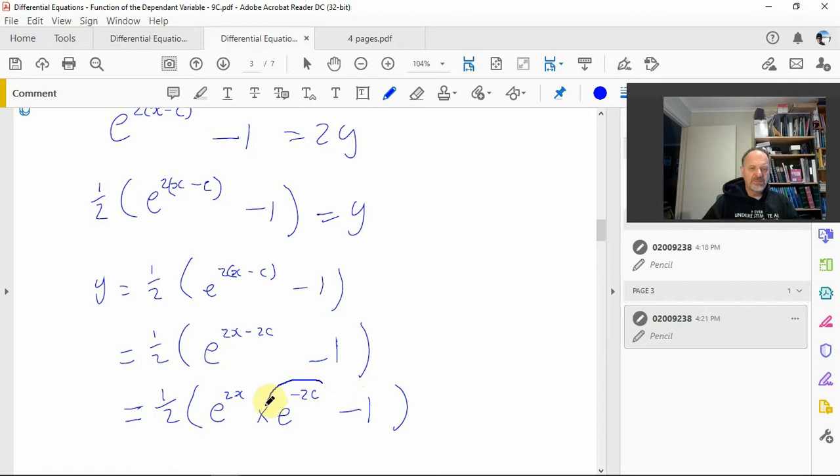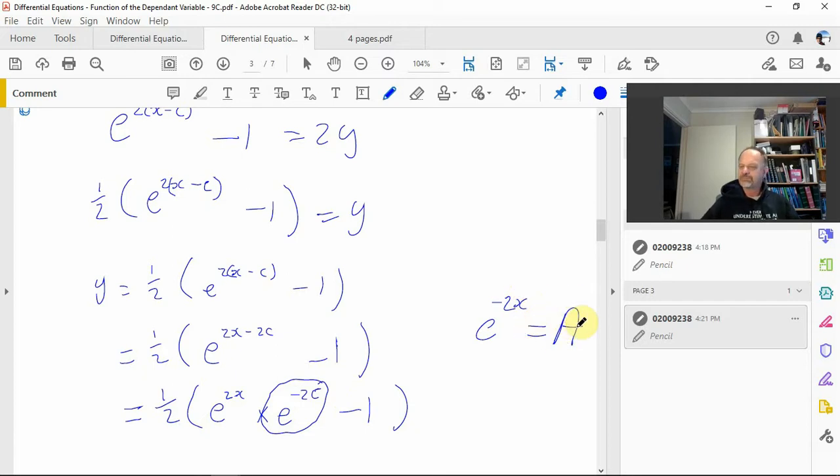Now, this bit, the e to the minus 2c, because remember, c is a number, a constant, so negative 2 times a number. So it's e, which is a number, to the power of a number. So if you have a number to the power of another number, you get a number.